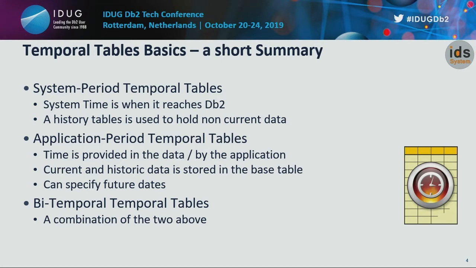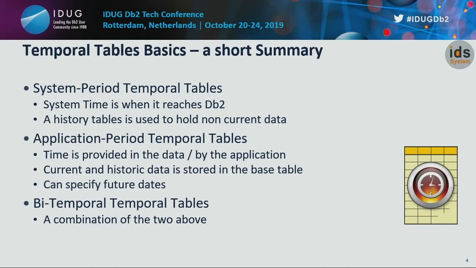The second option is application period temporal tables. This is where the date or time or timestamp information is provided by your application in the source system or wherever, and it is just taken into your data warehouse. And a very important thing for me was that this is the way where you can specify future dates.